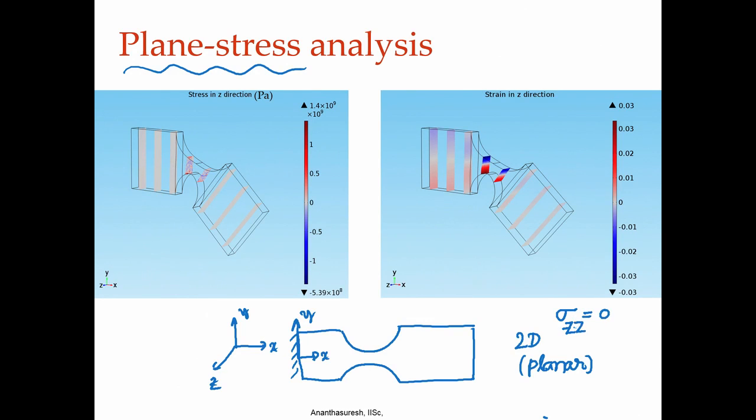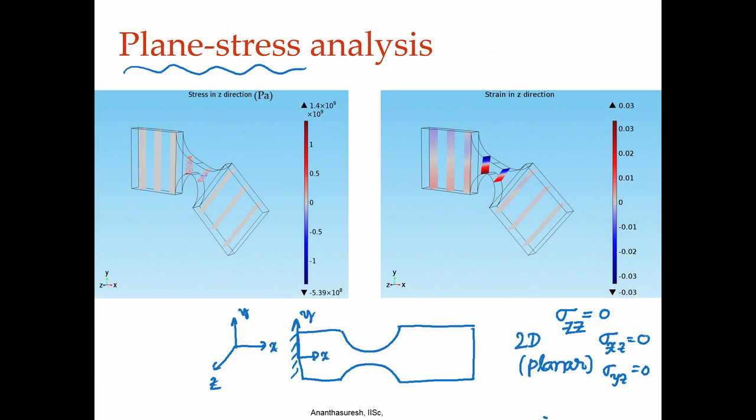In fact, the normal stress sigma zz as well as the shear stresses sigma xz and sigma yz are all 0. That is what we call plane stress condition. Some structures are of that kind. So, whenever a structure is thin, then we use this plane stress condition. Okay.